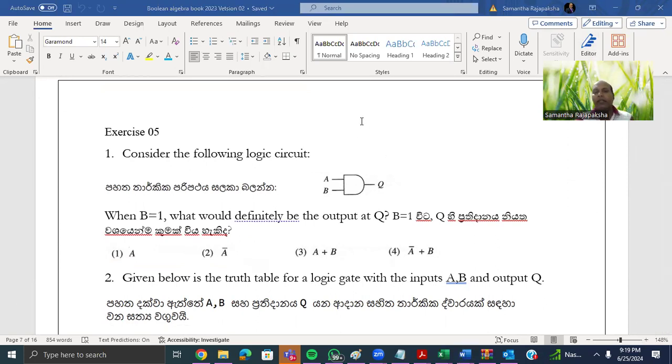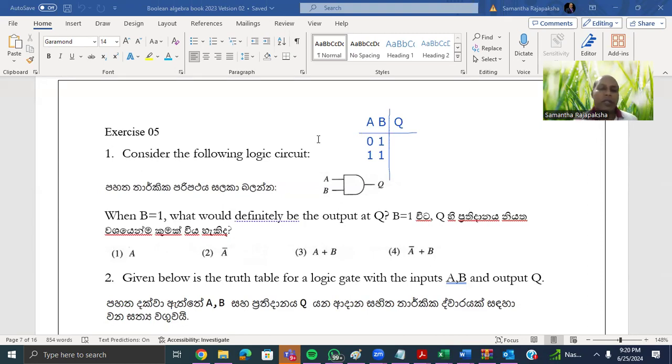So in the AND gate, here we have the two inputs A and B, and then the output Q. So we want to find the relationships between these inputs and the output. But in that case, we know that here they have mentioned B is always 1. A is 0, B can be 1. A is 1, B can be 1. Those are the only possible inputs.